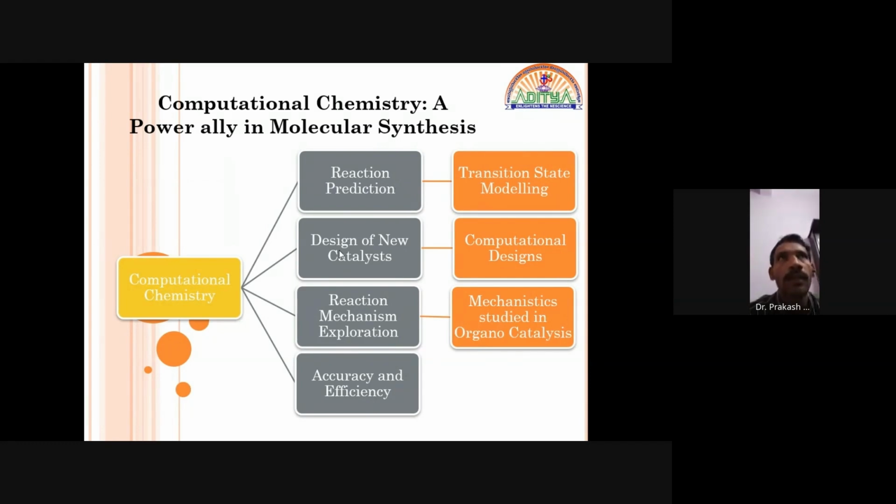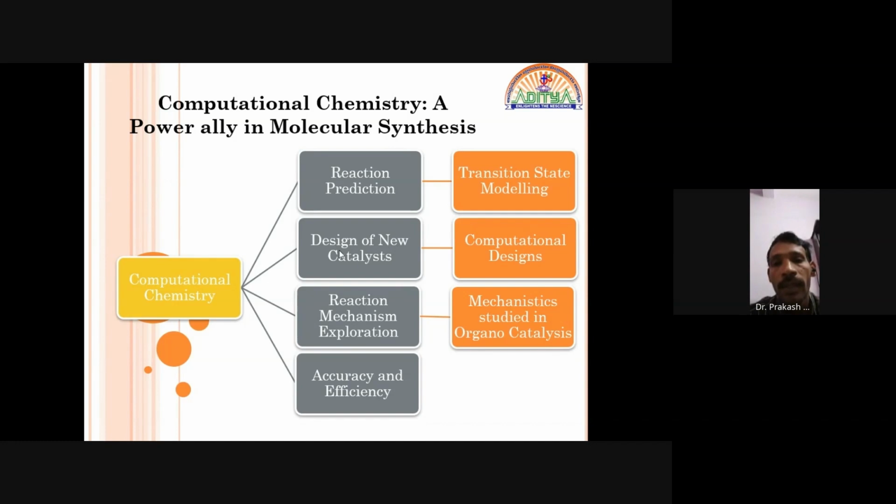Those are the things we clarify through computational chemistry before going to the other calculations, which is first which type of reactions are undergoing and which type of products will come for the reactions. That plays the major pivotal role in synthetic chemistry, that is computational chemistry.